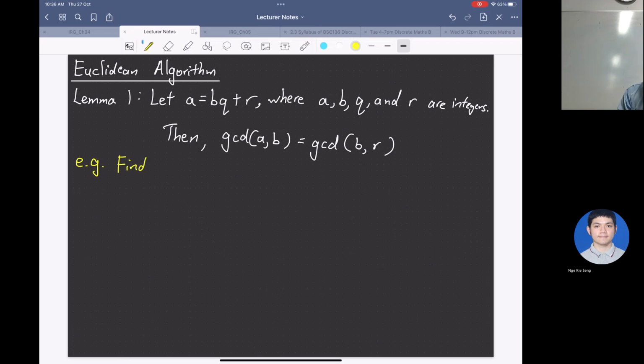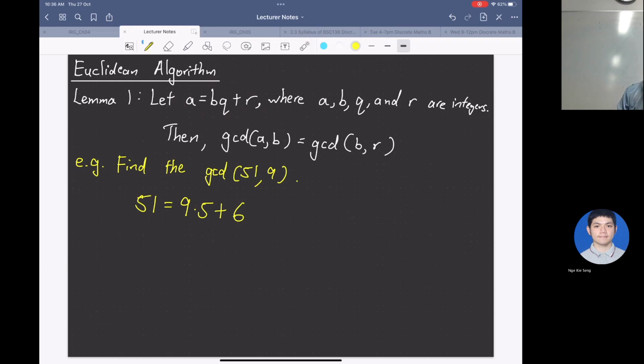For example, find the GCD of 51 and 9. First step is to use the division algorithm to find the remainder. So 51 is equal to 5 times 9 plus 6.